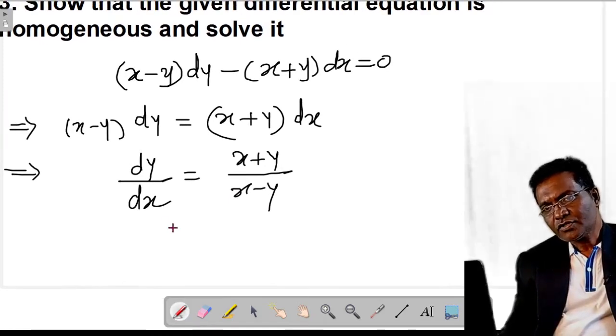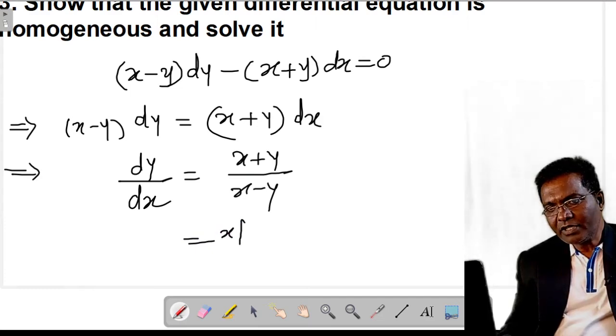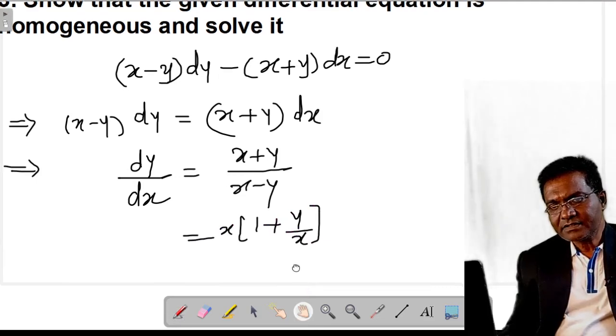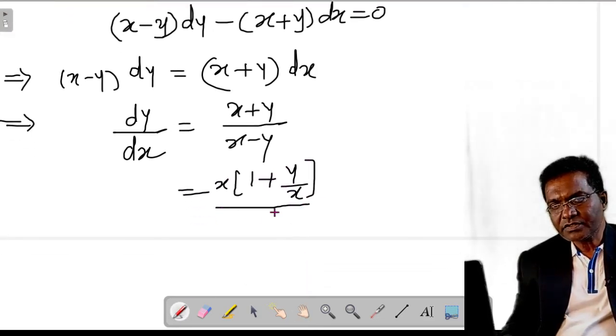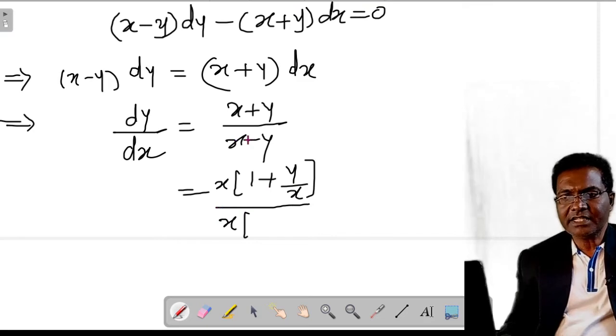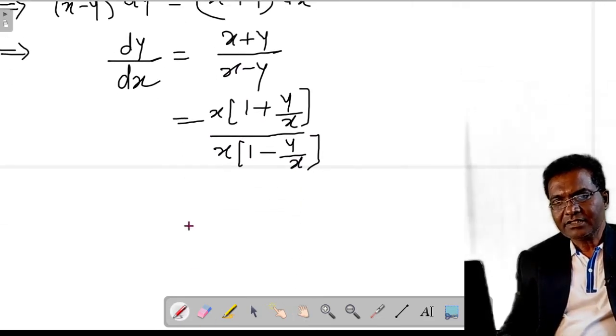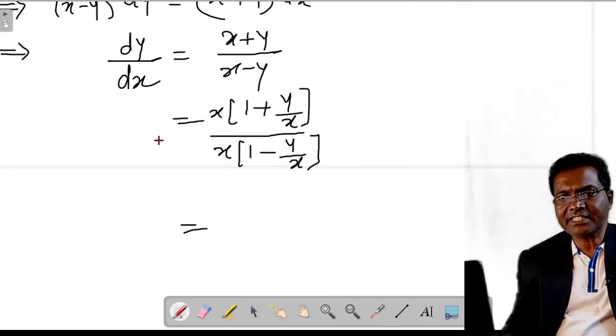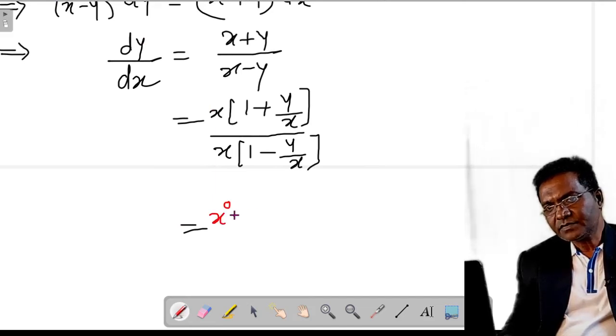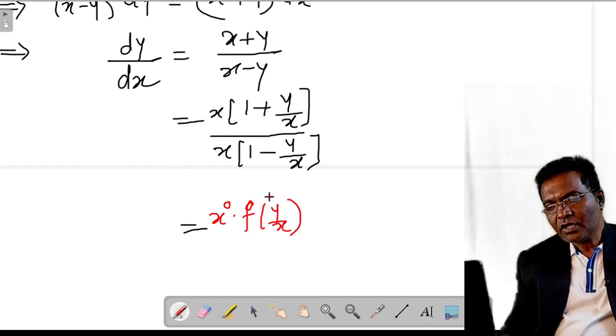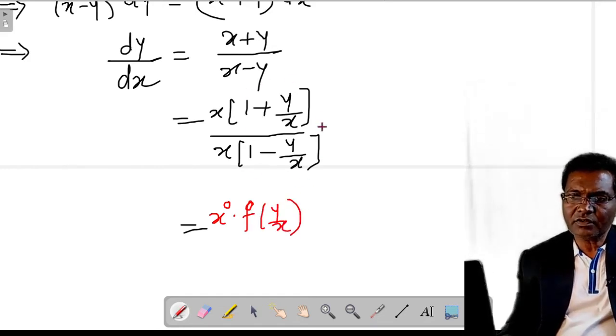Now look at this. If you take x common in the numerator, you will get 1 plus y by x. You are asked to show it is homogeneous. Highest degree is 1, so you take x common, 1 minus y by x. So x cancels, meaning x power 0, and the remaining, look at this, this full term is a function of y by x.